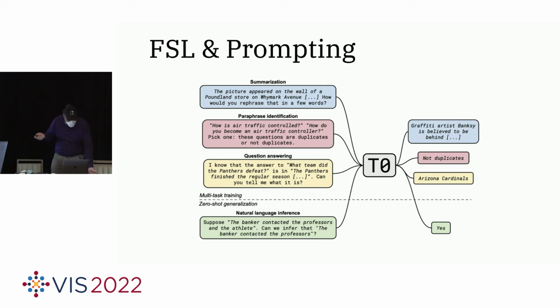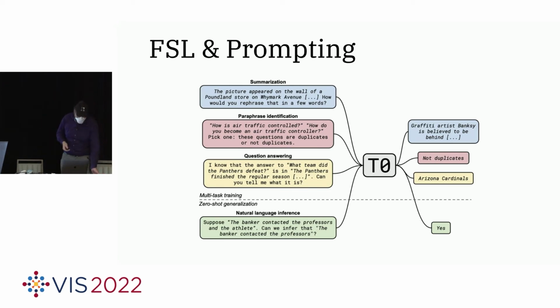For summarization, you give it the sentence, the picture appeared on the wall of a blah, blah, blah. Then you say, how would you rephrase that in a few words? And the ground truth label is the summarization of the aforementioned text. This is following the blue path here.